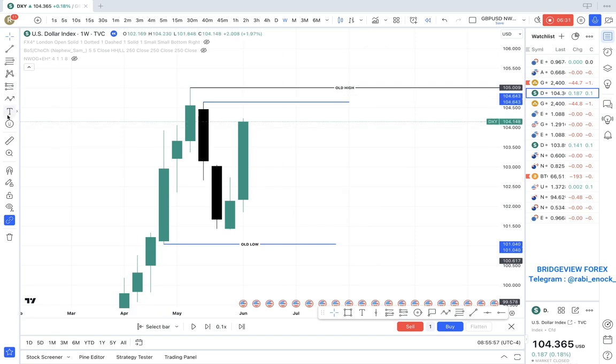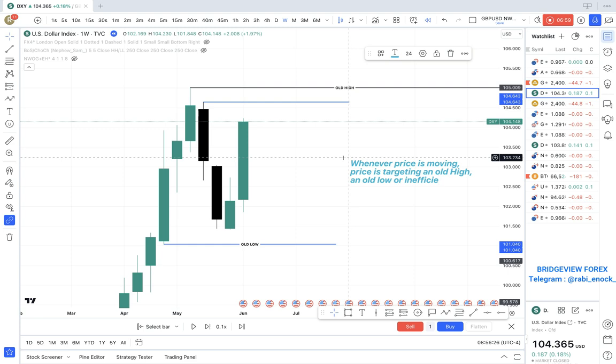So let me see this. Whenever I'm thinking about it, whenever price is moving, price is targeting an old high, an old low, or inefficiencies.